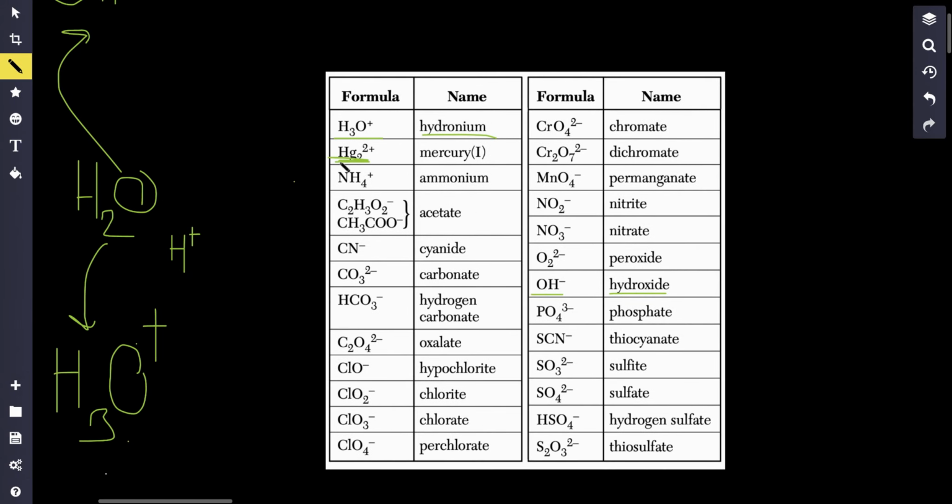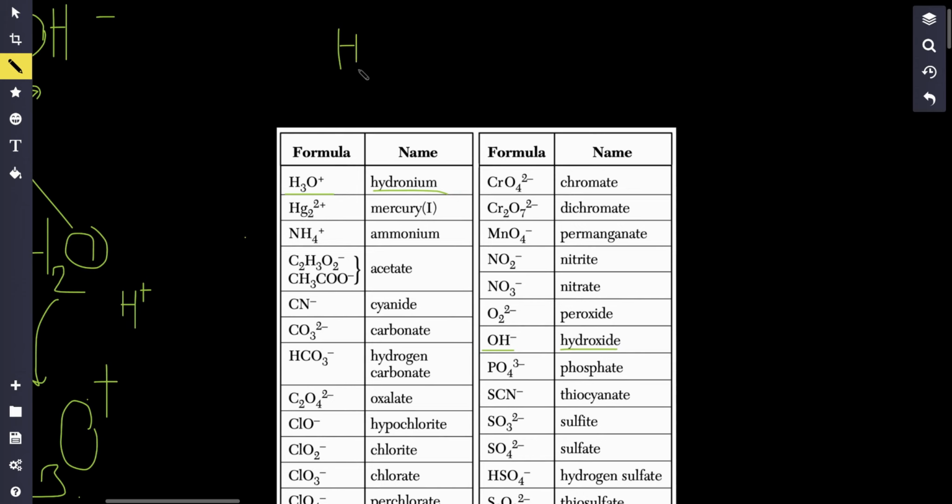Next up, we got mercury. And this is mercury(I). So we have mercury with a +1 charge, another mercury with a +1 charge, and they're bonded together. Hence why it's Hg2. So that's kind of crazy, right? You have a cation and a cation bonded together. When have you ever seen that?